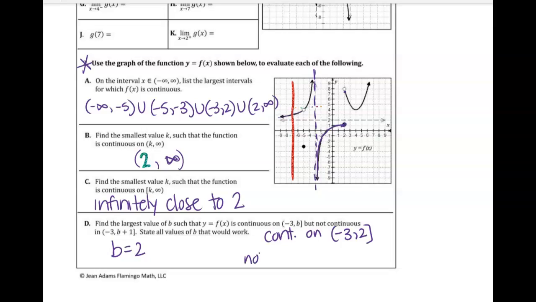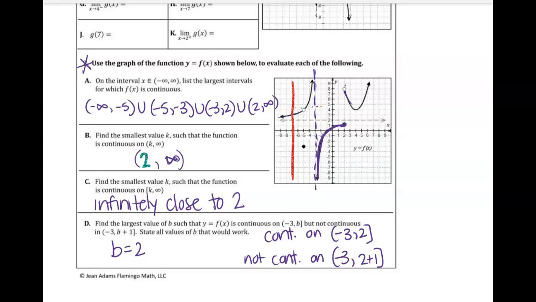But it's not continuous on the interval from -3 to 2 plus 1, or -3 to 3. So our 2 is our b, so 3 would be our b plus 1. Because if you look at it, we'd have to jump up here to get to 3. Hopefully that was somewhat helpful.